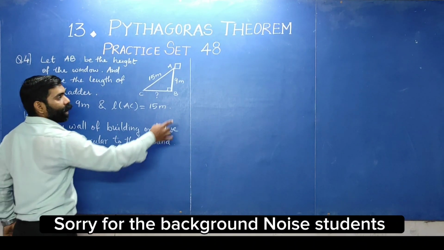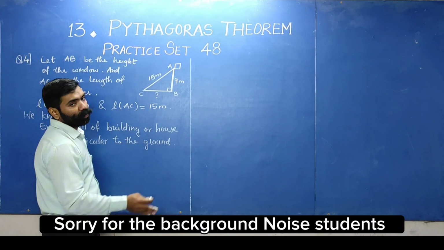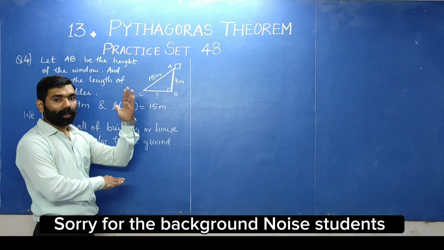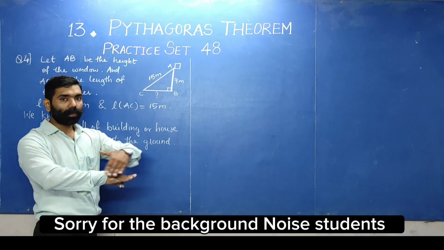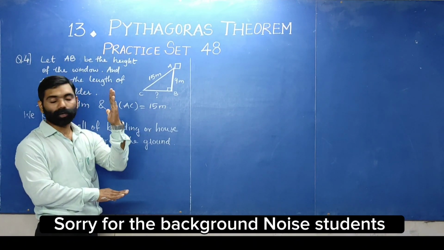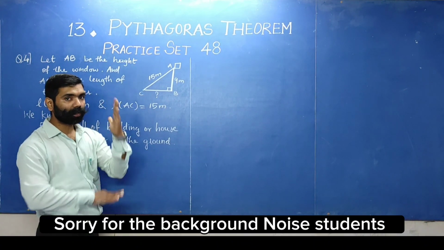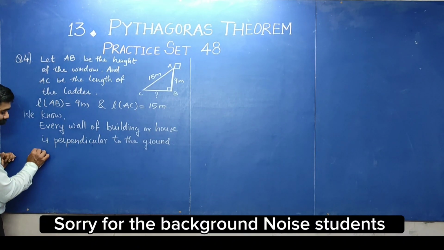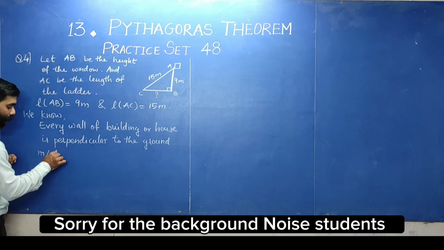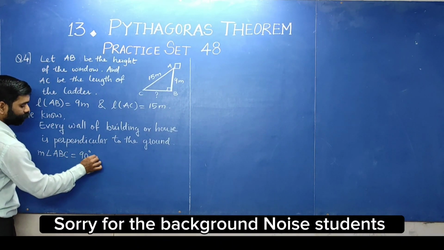Understood, students? Every wall of the building is perpendicular to the ground. Whenever we make a building, it is always perpendicular to the ground. The level of the ground will always be 90 degrees compared to the building wall. Okay, so measure of angle ABC is given as 90 degrees.